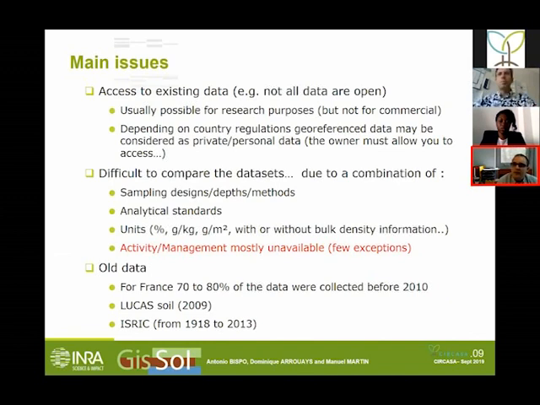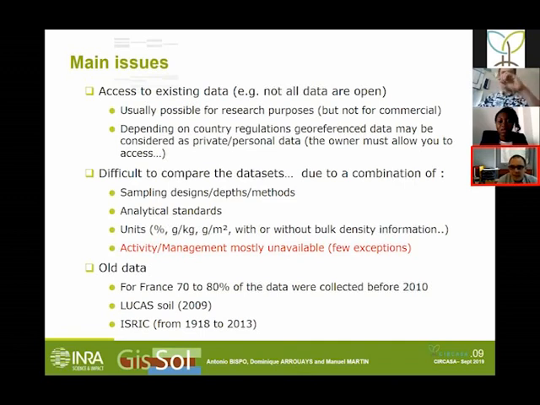It depends on the country's regulations: georeferenced data may be considered private or personal data, meaning that you should first ask the owner to let you access the data. It's a huge difficulty because, as you see, we have quite old data in the database, so finding the owner may be a huge challenge. So for some applications, it may be difficult to access those data.